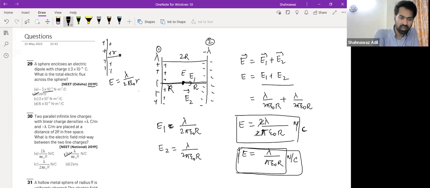So you can see that they ask you simple questions in NEET. Yeah, noted, guys.